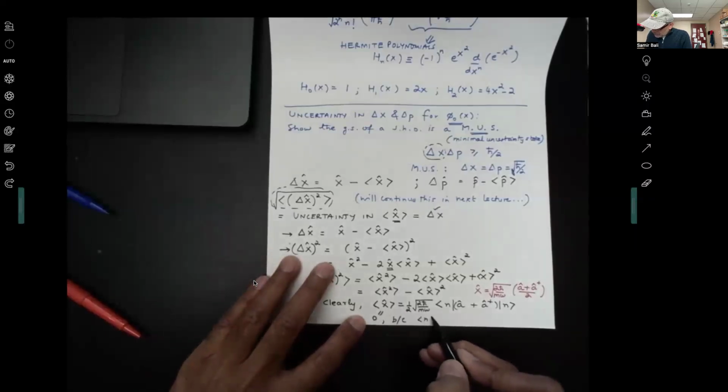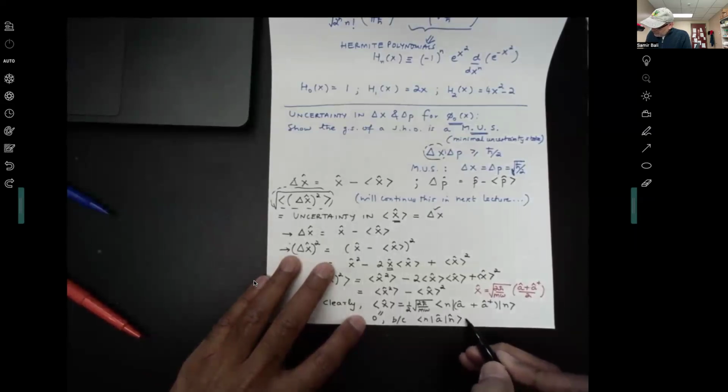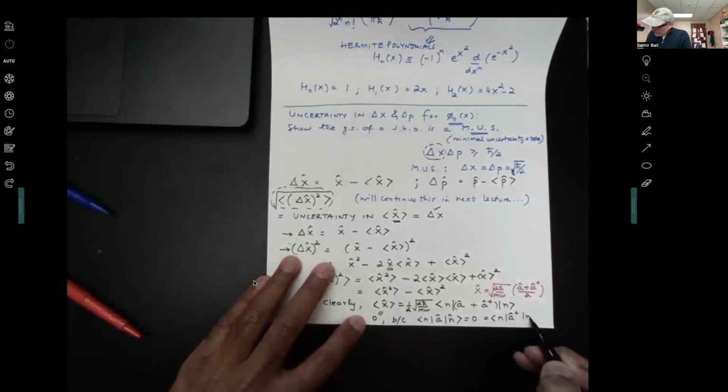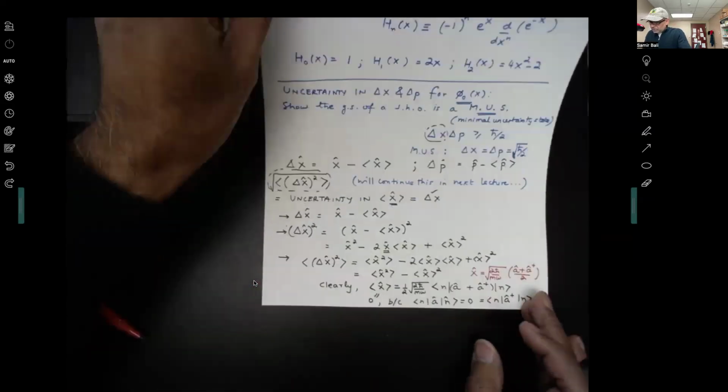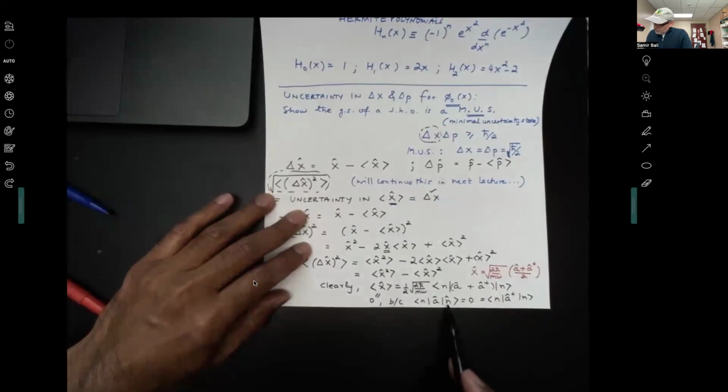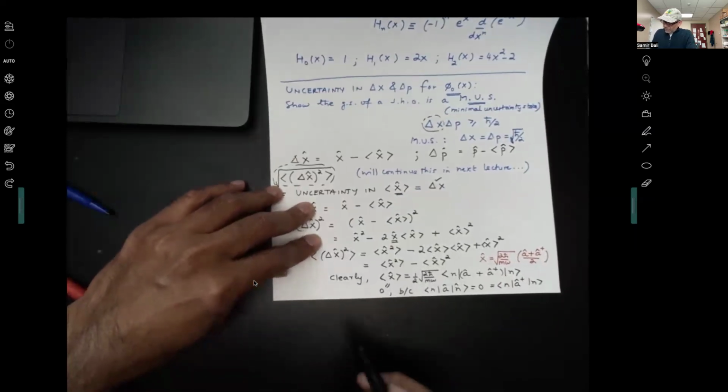Because the expectation value of the A operator is 0, as is the expectation value of A dagger, right? Why? Because A acts on the n state to give you a n minus 1 state, and n minus 1 state has no overlap with n, right?